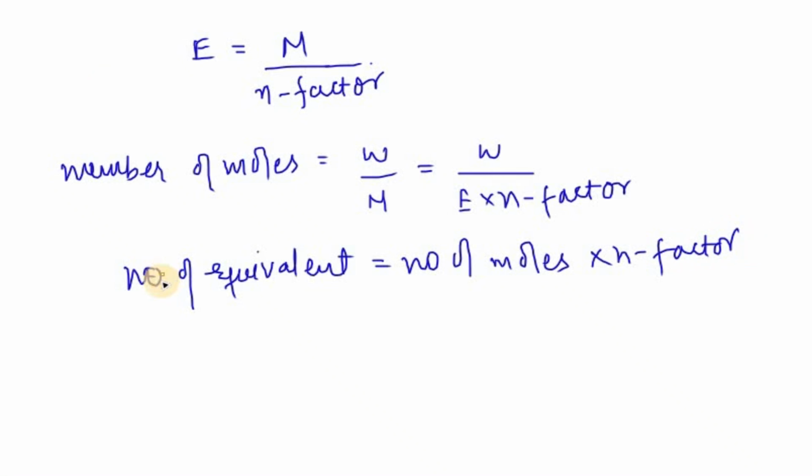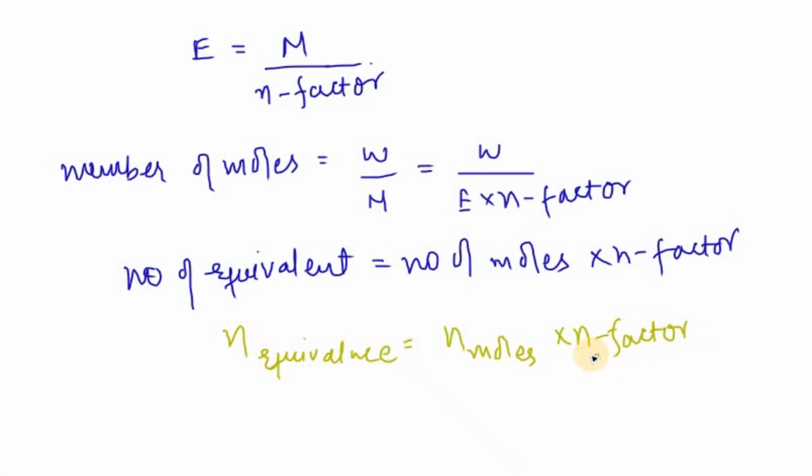So we may write it as the number of equivalents is equal to the number of moles multiplied by n factor. We haven't seen how we calculate the n factor, so there will be a further video on how to calculate the n factor.